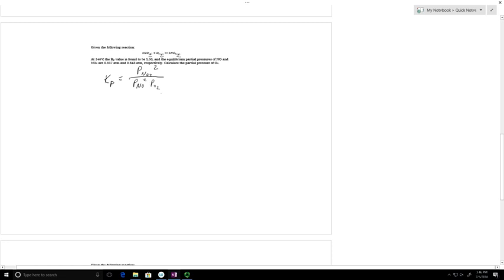Now, I always find it much easier to go ahead and do all the algebra first and then plug in the numbers. That way you're assured that you have everything set up properly and you're not confusing one number for another. So we're trying to find PO2, but we have everything else.